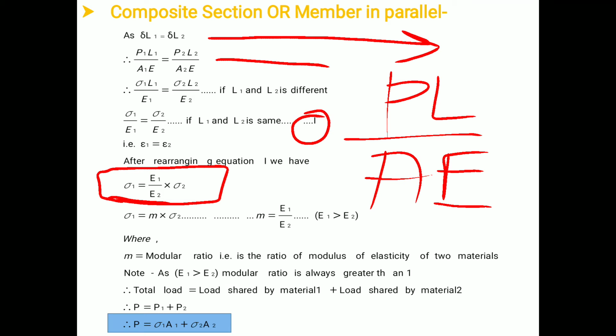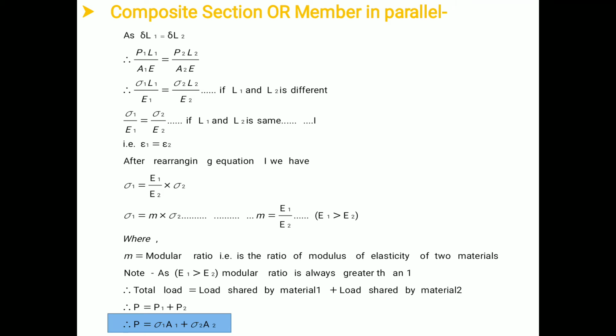What is modular ratio? Modular ratio is the ratio of modulus of elasticity of two materials, material 1 and material 2. Modular ratio is equal to E1 upon E2.